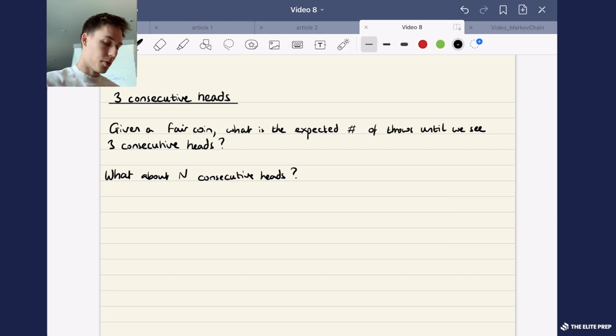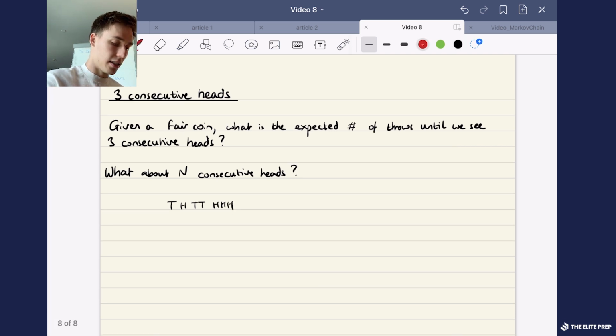So as an example, we could throw tails, heads, tails, tails, heads, heads, heads. And this sequence is 7 steps long, finishing with heads, heads, heads. So in this case, we needed 7 steps to get 3 consecutive heads.